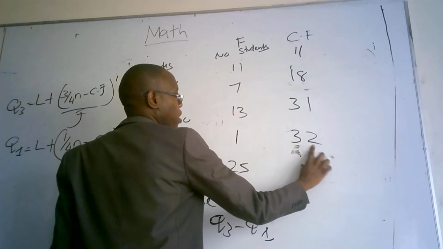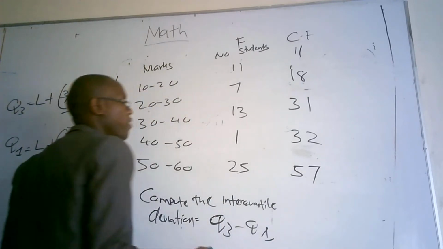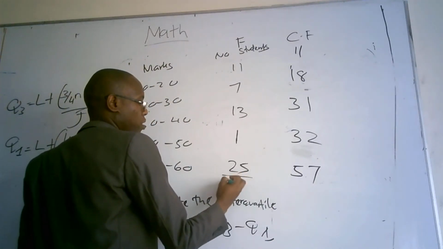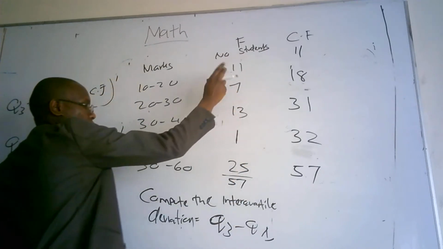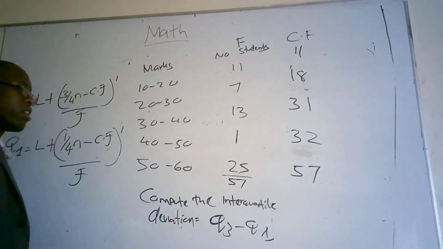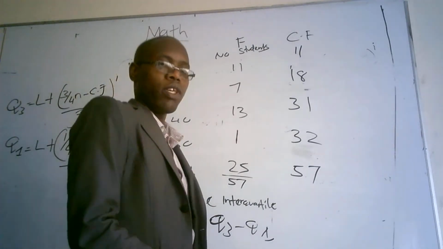So you are going to have 57 here, meaning the total frequency is 57. If you add 11 plus 7 plus 13 plus 1 plus 25, it gives you 57 as the answer. So what we will do then is this.